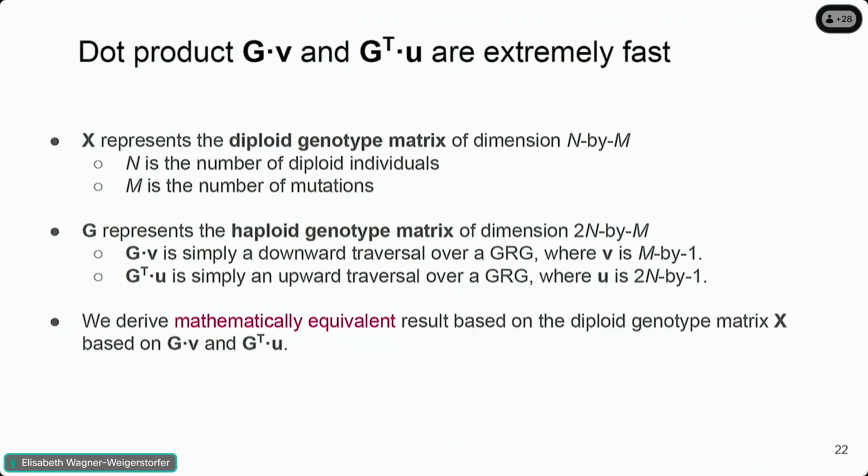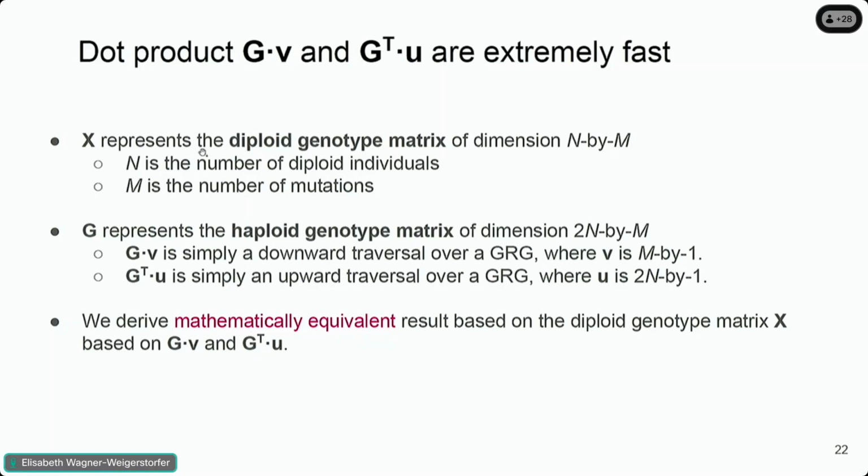It's one-to-one with the haploid genome's information, but to convert the result to the diploid version, we need to do a little bit of additional work. What we can do with this graph is the dot product between the haploid genome matrix, which we call G, and a vector, or its transpose multiplied with a vector.